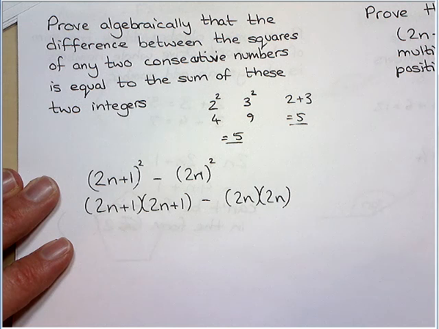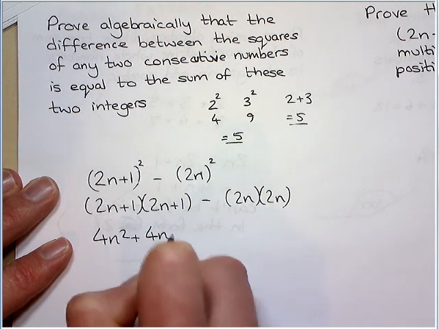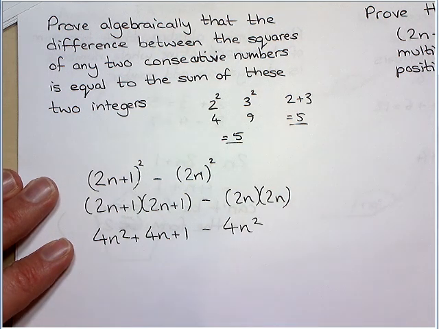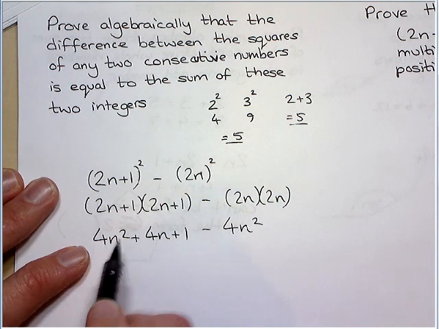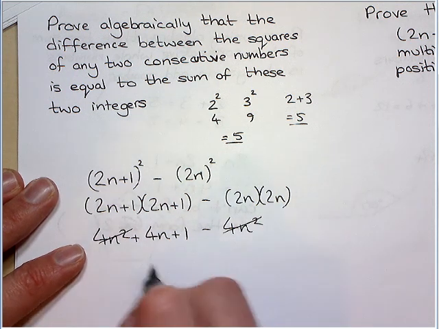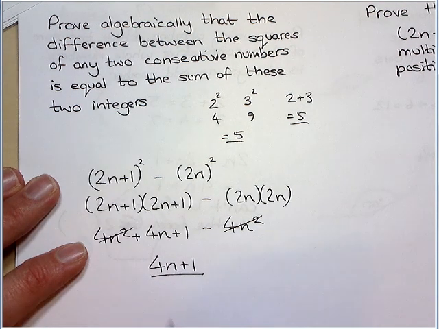So, expand the bracket. I'm going to do this quickly. It's 4n squared plus 4n plus 1, and this one is 4n squared. Now 4n squared take away 4n squared, these cancel themselves out and we are left with 4n plus 1. So that's what happens when you square them and take them away.